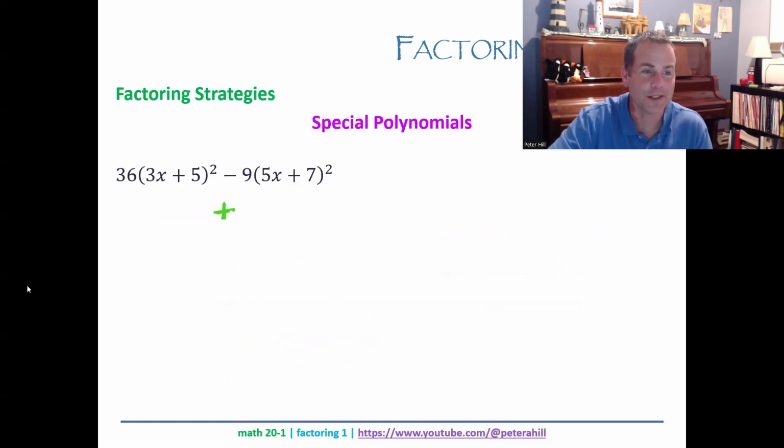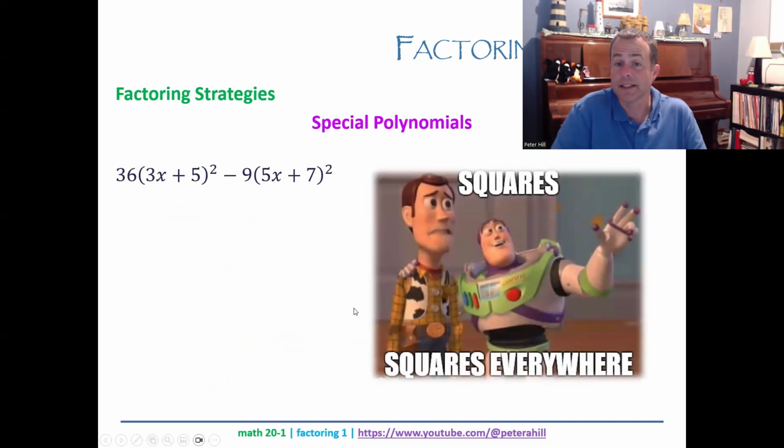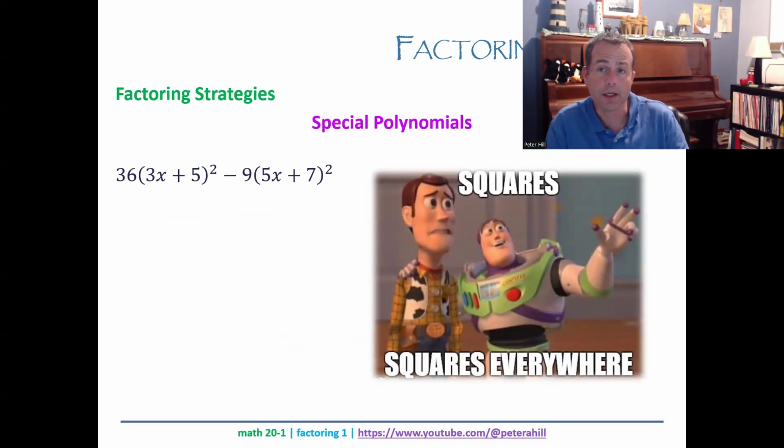Very similar, except now they don't say the same thing. So then you're like, Hill, what are you doing to us? Well, what I want you to see here is it's a difference of squares. 36 is a perfect square. 3x plus 5 squared is a perfect square.